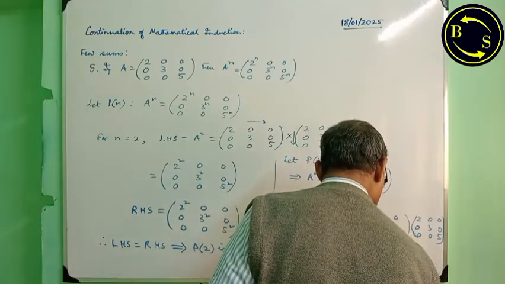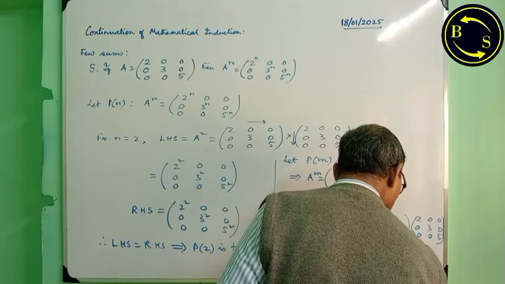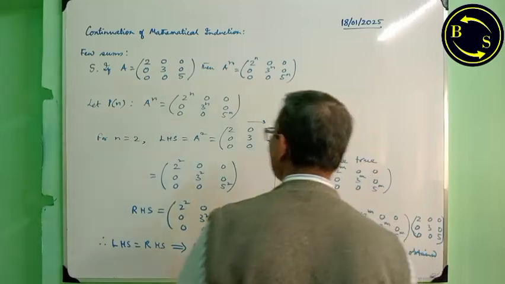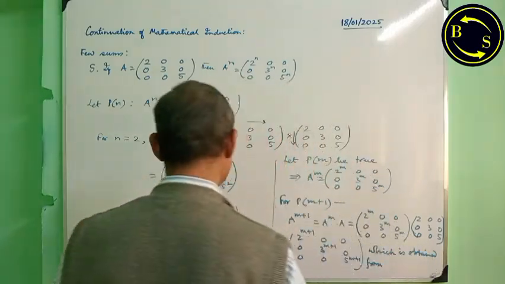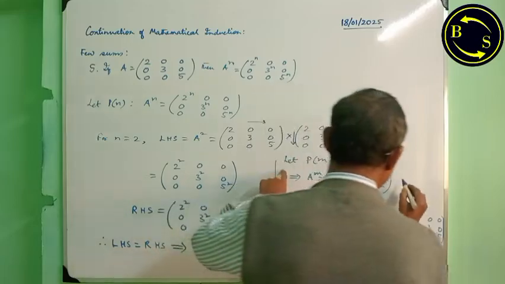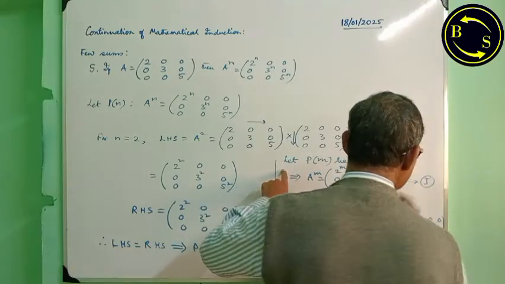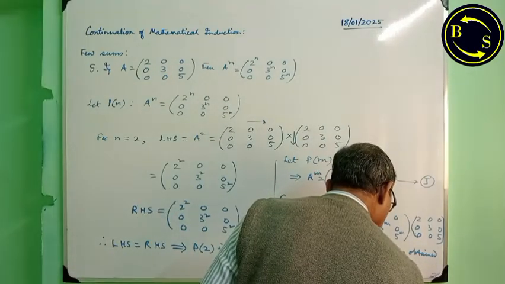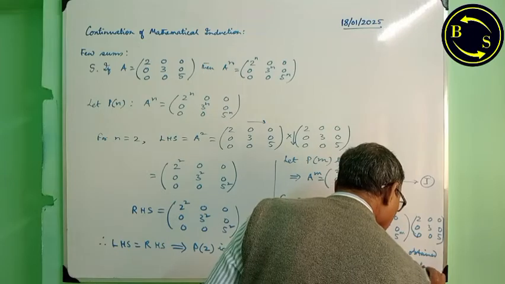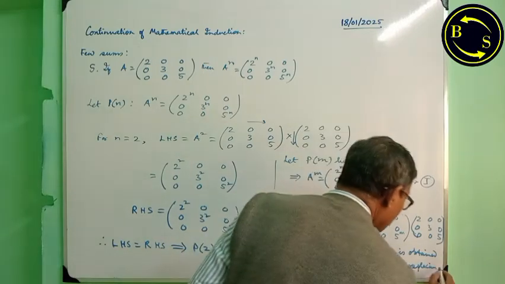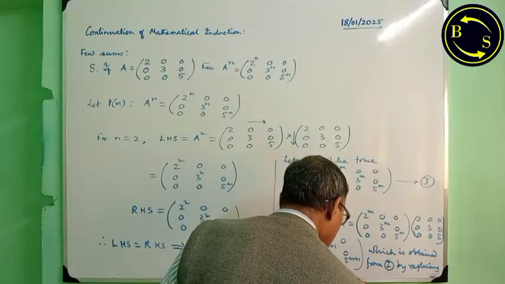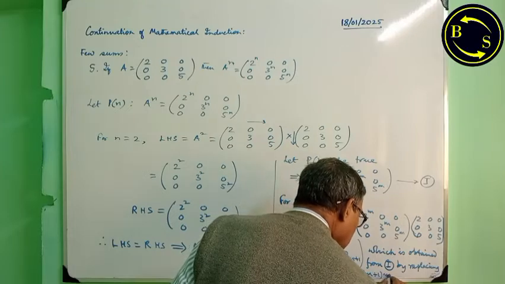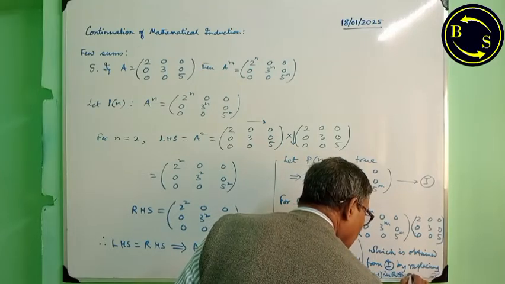Which is obtained from, I take this step as 1. Already I have discussed earlier. From 1, by replacing m by m+1 in RHS of 1.